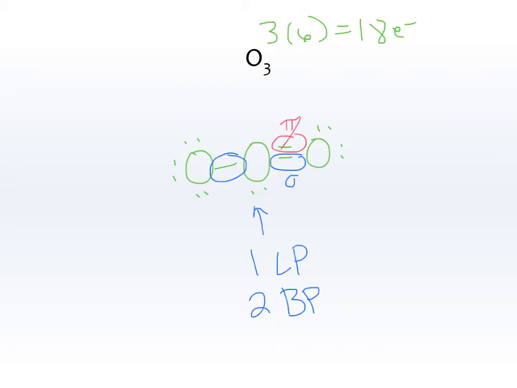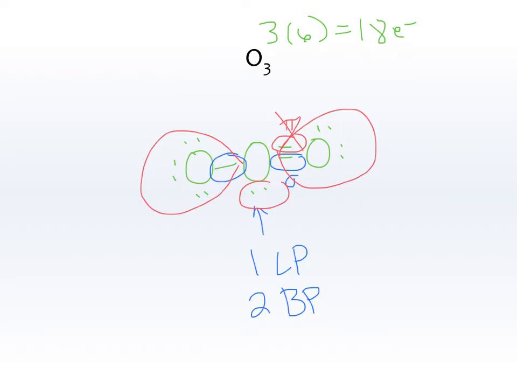Well, the pi bond does not count as far as bonding pairs are concerned. We're actually only looking at the sigma bond. So really you can think about this as the oxygen having 2 areas of electron density around it as far as bonding is concerned. 1, 2. 2 areas of electron density, that's 2 bonding pairs. And then another one down here for the lone pair. 2 bonding pairs, 1 lone pair.